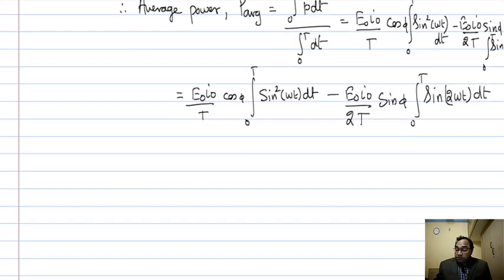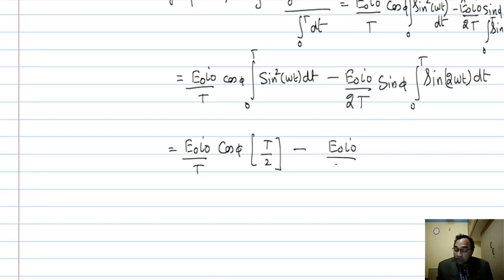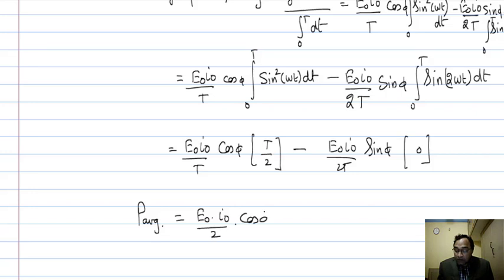Now we know that integration of sin square omega t, by using the normal methods of integration by substitution or by simplification, we have seen this, comes out to T by 2, while the integration, or average value, of a complete sine wave is 0. So therefore P average comes out as E naught I naught by 2 into cos phi.